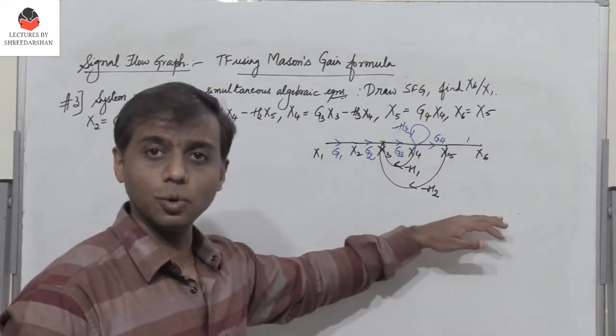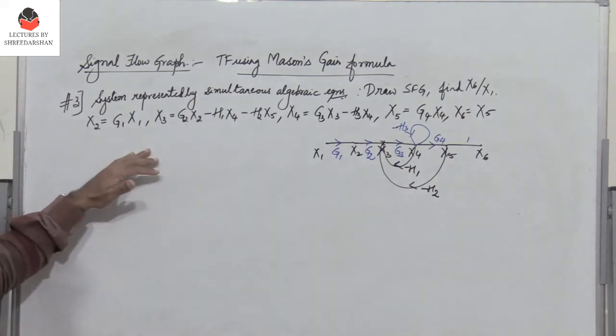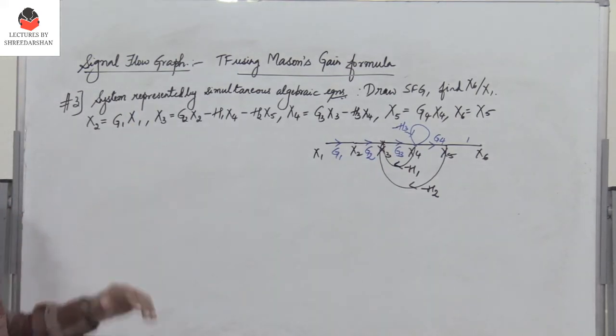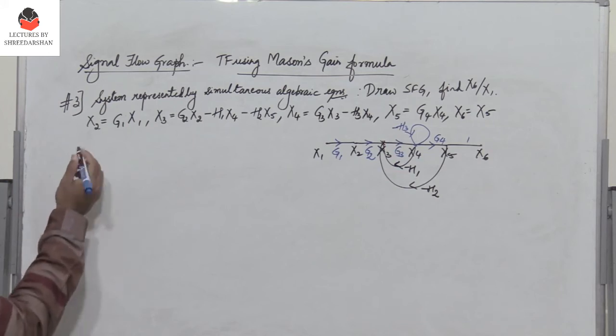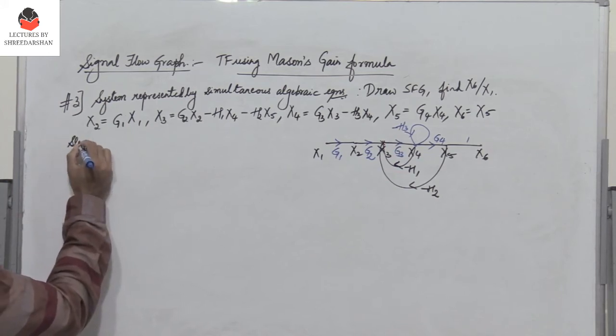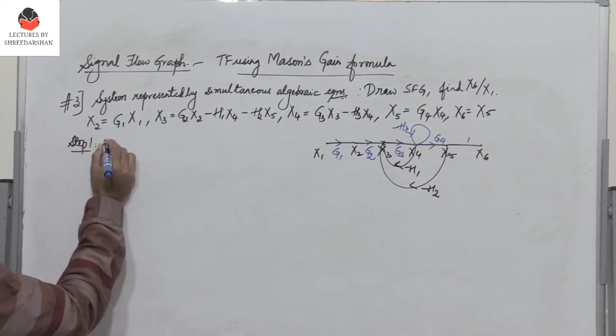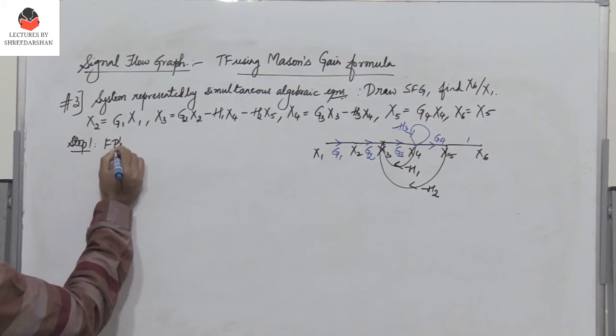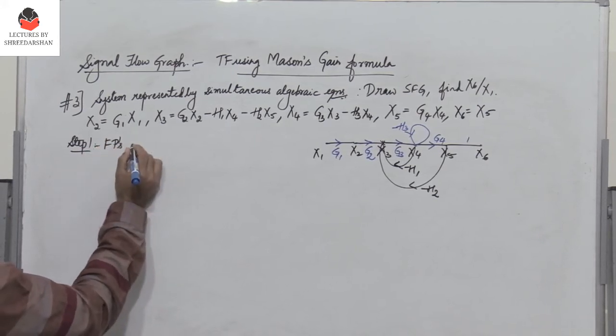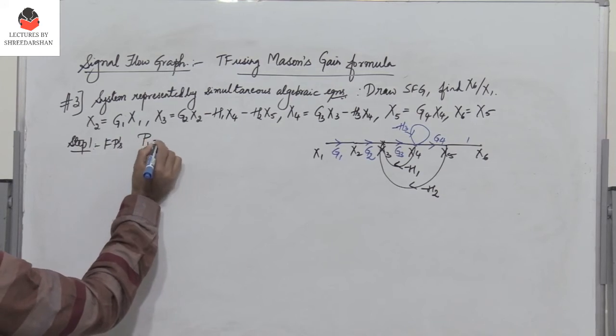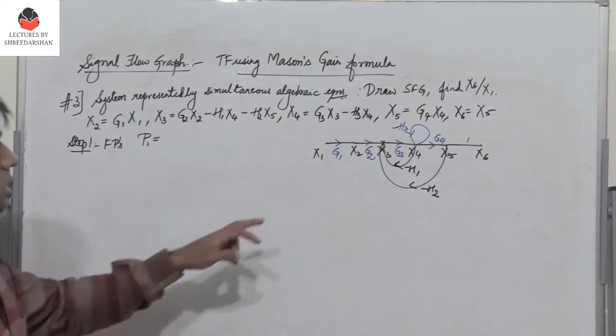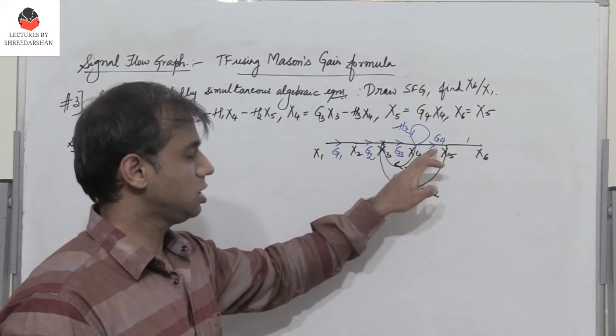Once we draw the signal flow graph, the next thing we need to do is identify the number of forward paths. So step 1, identify the forward paths and write the forward path gain. So we have one forward path which is g1, g2, g3, g4.